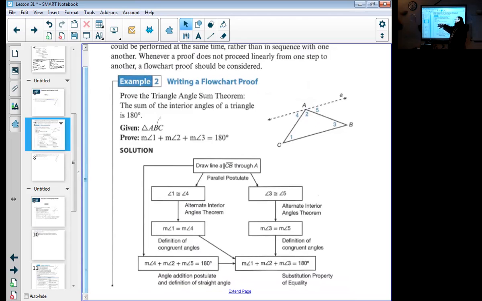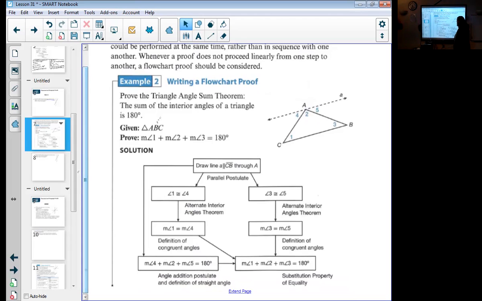So we have measure of angle 1 plus measure of angle 2 plus measure of angle 3 is equal to 180. This one step has 3 arrows coming off of it. That means we have 3 different things that come from this one single idea.